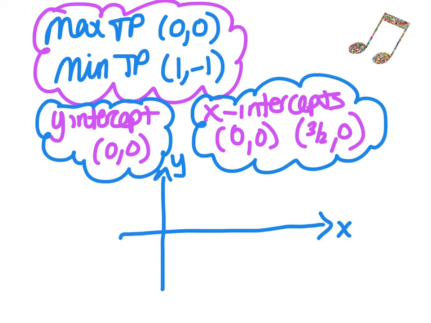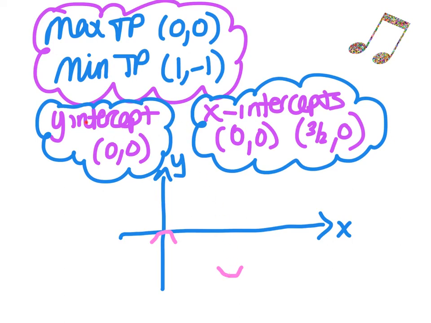So I have a maximum turning point at 0, 0. So I know the shape is a maximum, so it's like an unhappy smile there. The minimum is at 1, -1, so I'm going to go along and put the 1, -1 as a minimum.